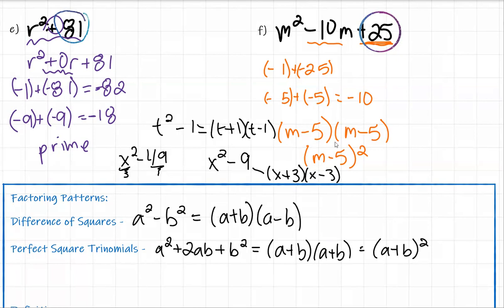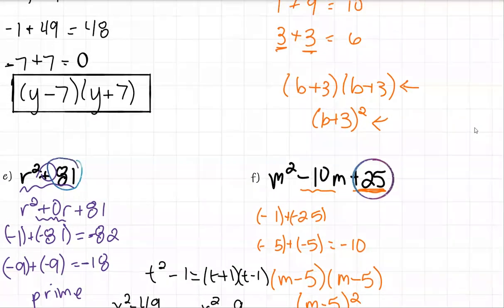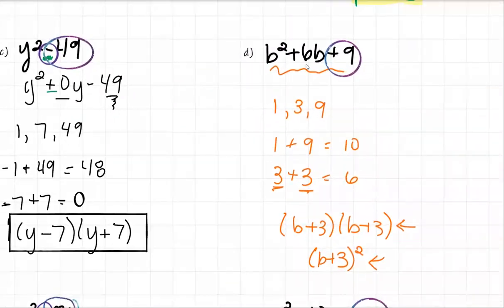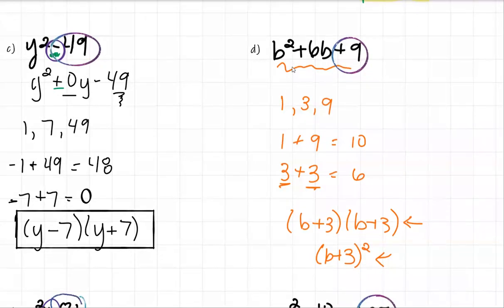All right, so in this case, the one above this, our a was, let me scroll up here, our a was b, it's going to be a little confusing because I use b here. Our a was b, our b was 3. So then a squared is b squared. 2ab is 2 times b times 3. 2 times 3 is 6 times the b. And then our b was 3, so b squared is 9.